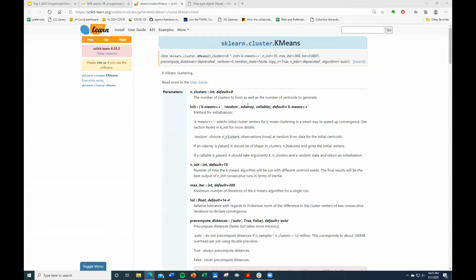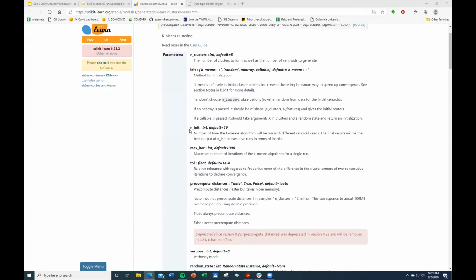There are different ways of initialization, and we'll get into that in a little bit, okay? The number of times that you run it, just the same way with a random forest or a bootstrap or a bag, you give it a certain number of times to run.